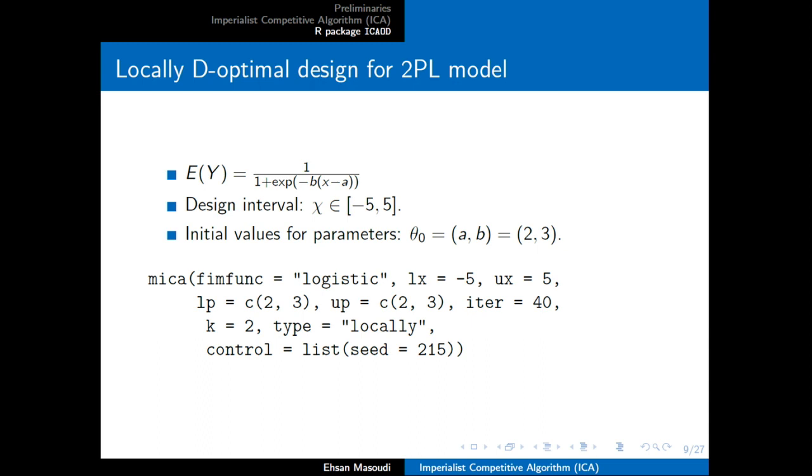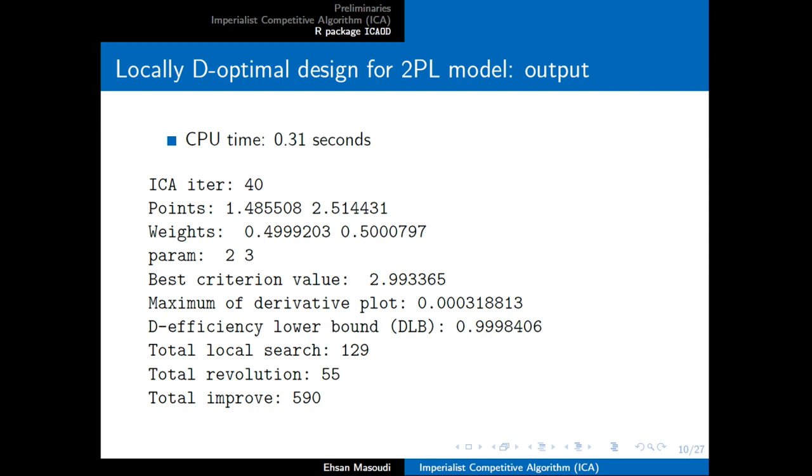This is the design interval, and this is the initial value for the parameter. I suppose from the previous study that the parameter may be around these points, and then I use this pre-default logistic regression function, and I get the result in less than 1 second.